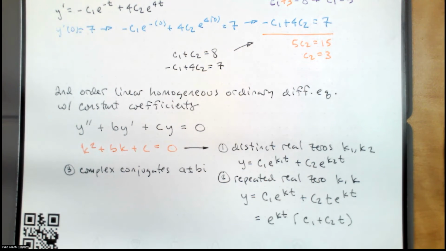Remember that complex solutions to polynomial equations with real coefficients will always come in conjugate pairs. They'll always come from some quadratic, and they'll always come in conjugate pairs.